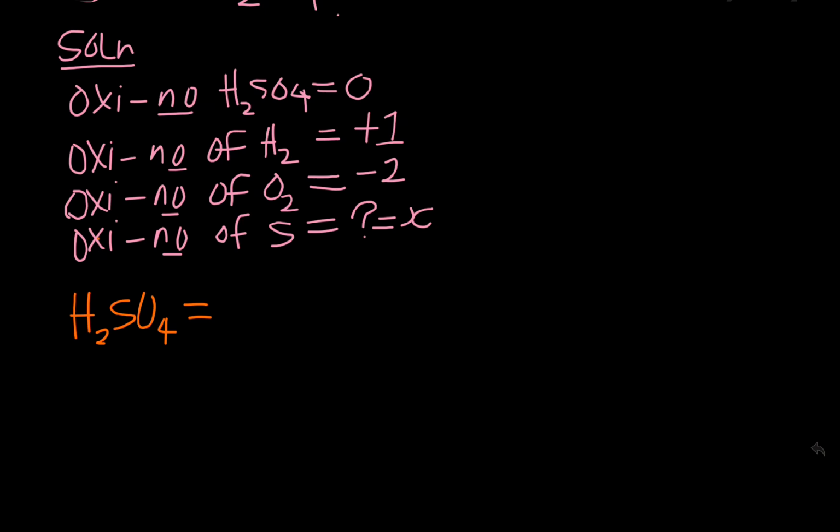So I would rewrite the number of atoms of hydrogen first, 2, and I would open bracket. What's the oxidation number of hydrogen? The oxidation number of hydrogen from here was given to be +1. So I'm going to write this +1 inside the bracket, and I'll close the bracket.